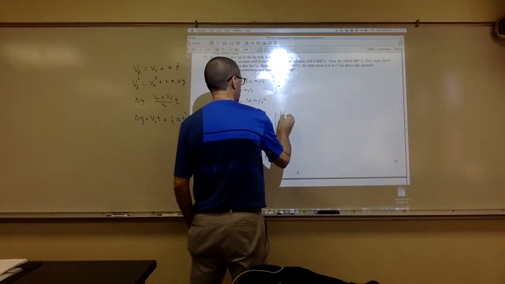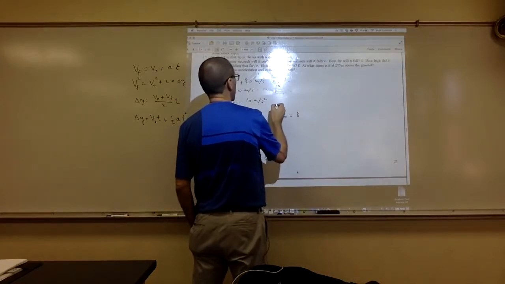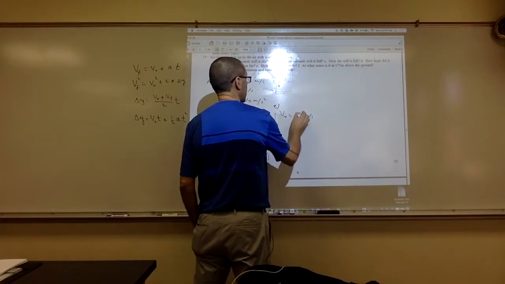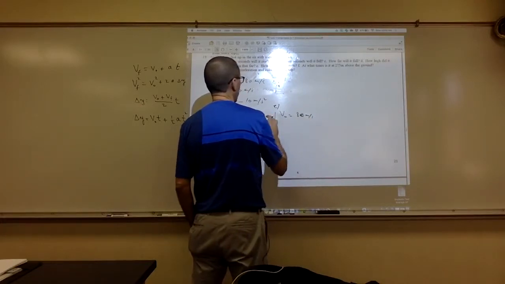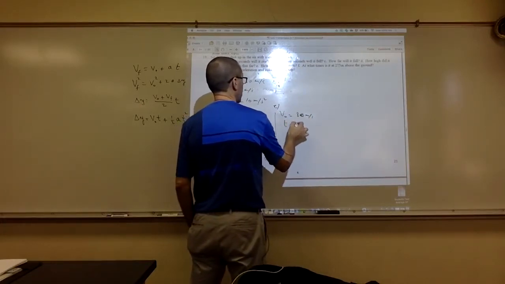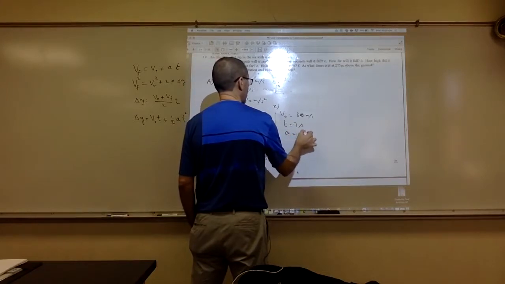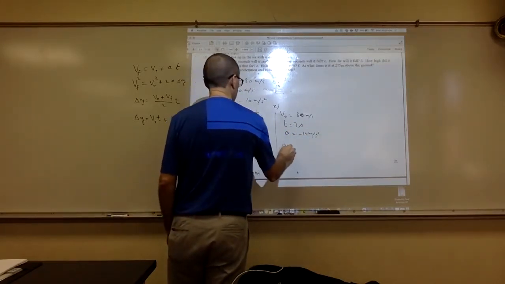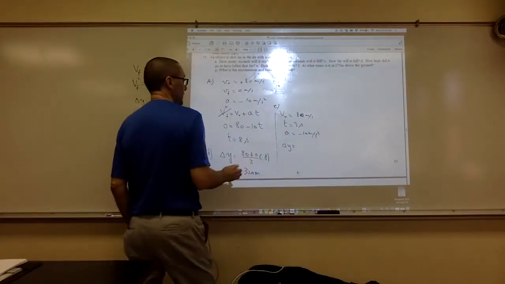So we're looking at part B. The initial is 80 meters per second. The final is not 0 because we're doing this at 3 seconds. The acceleration is negative 10. Okay, and we're just trying to find the delta y, the time.